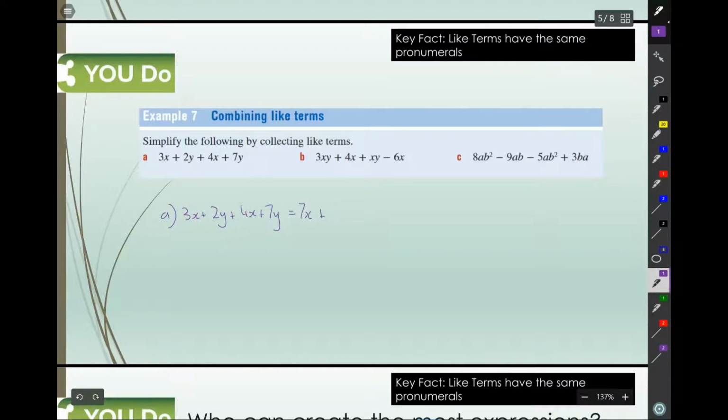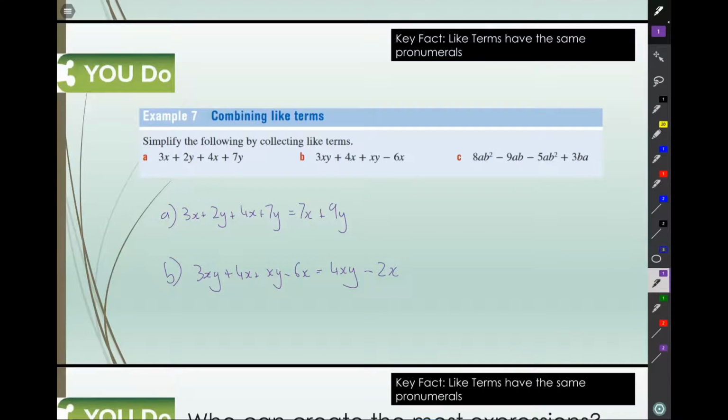We've got 2y and 7y, so in total we have 9y. So in this one now we have 3xy and 1xy, so in total we have 4xy. And we have plus 4x minus 6x. So plus 4 minus 6 is actually minus 2x left over.